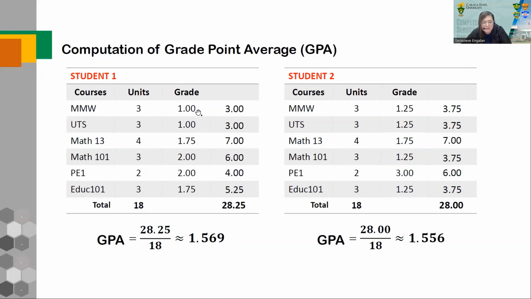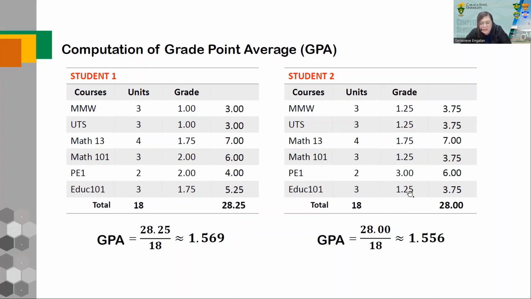So 3 times 1, that is 3. 3 times 1. So number of units times the grade na siya, class. Okay, so number of units times the grade, number of units times the grade. Tapos i-total dayon nato divided by the number of units. So you have 28.25 divided by 18, that's 1.569. However, diri sa iya wala gyud siya uno.